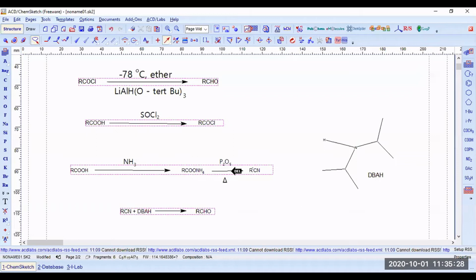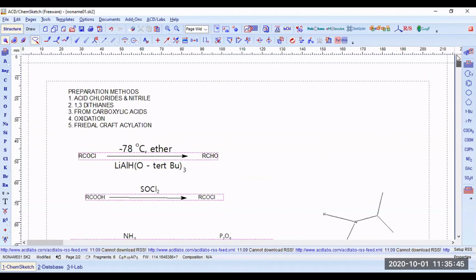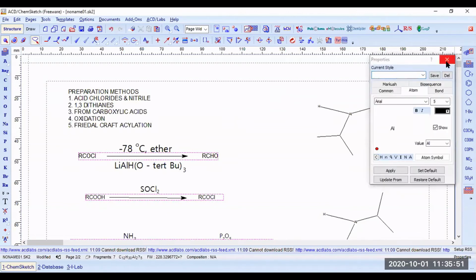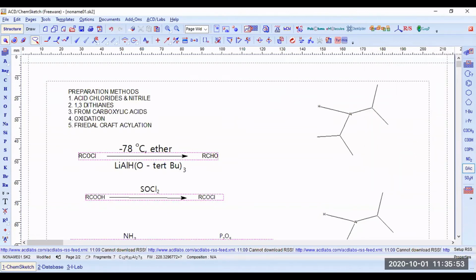And the previous one, LBAH, you can write this is LBAH. What is the difference between LBAH and DIBAH? Here aluminum will be having 4 bonds. One more alkoxy group will be there, the tertiary butyl alkoxy, that is this.